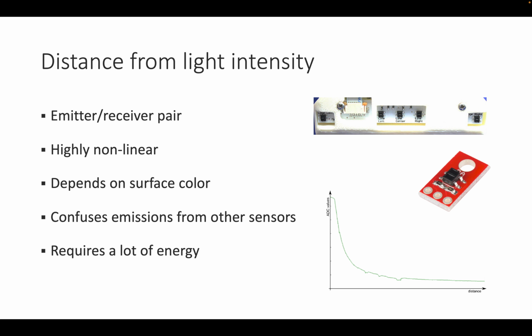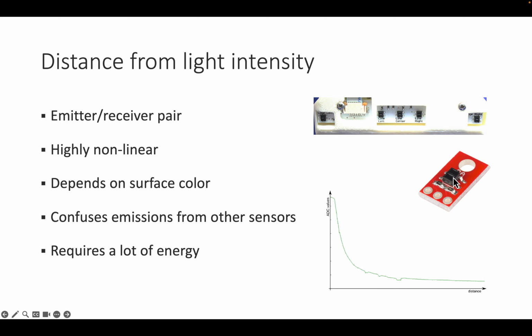All right, the next class of measurements that we take very often in robotics is distance. A very, very simple way of doing this is to emit some light of known frequency, like infrared, and measuring how much of that light comes back. A sensor like this usually has two parts. One is to emit the light, the other one is to sense.